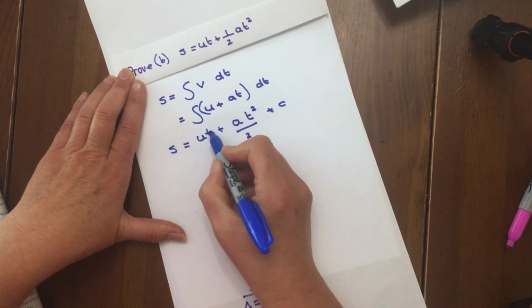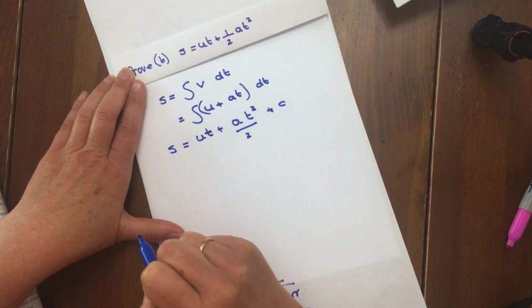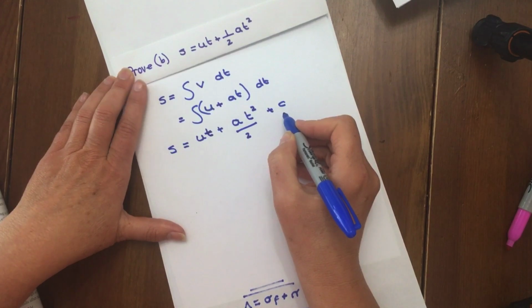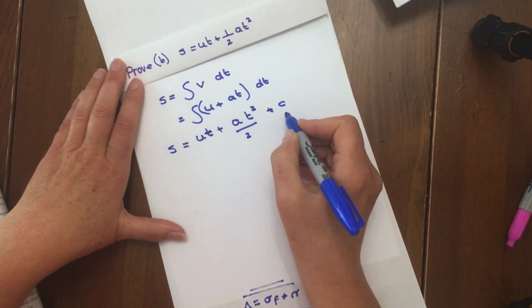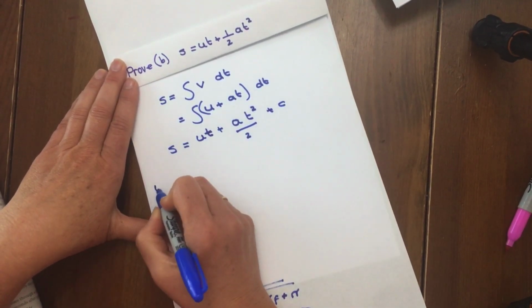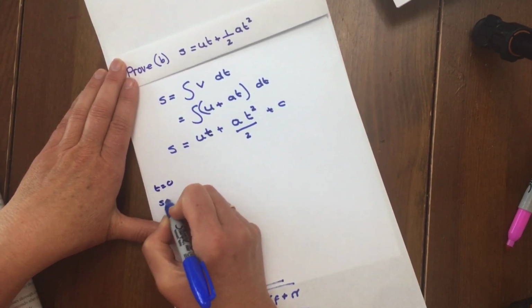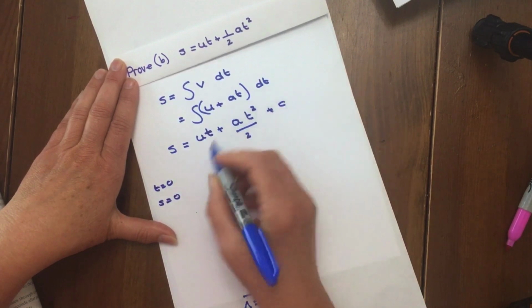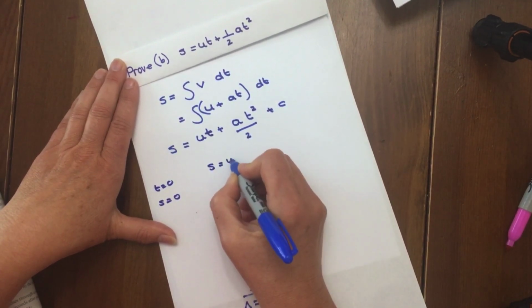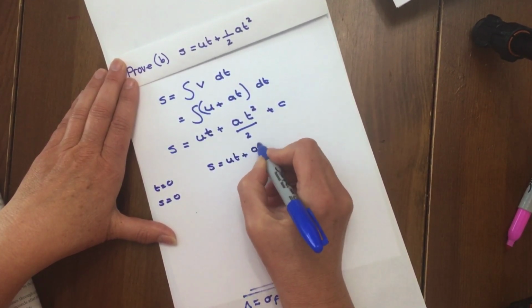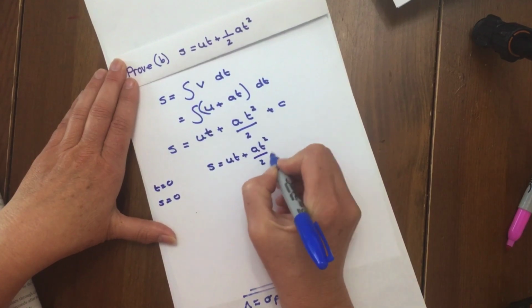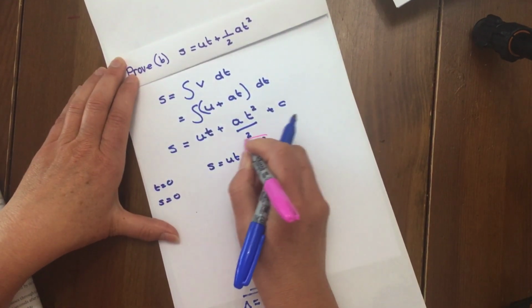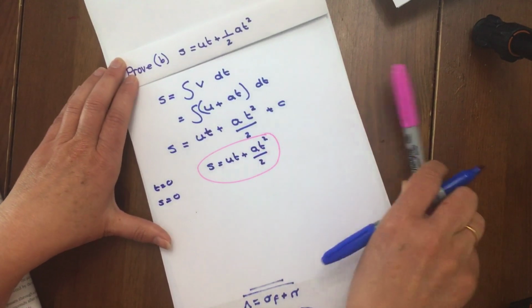t is my variable, t is what's changing. Okay, let's find c. At time t equals 0, we're told the displacement is 0. So if I put that in here, I'll find that c is 0. So hence I get the equation that I needed to prove.